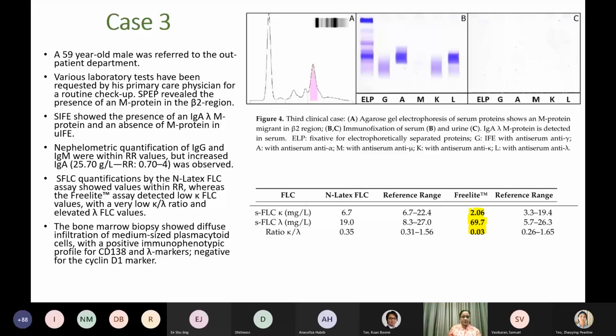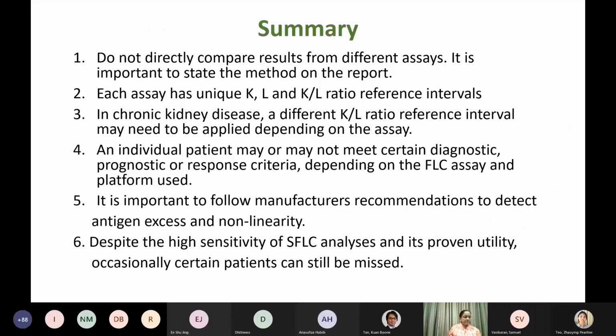Total immunoglobulin measurements were within normal range except total IgA. Serum free light chain quantification by N-latex assay showed normal results, whereas free light assay detected low kappa free light chain again, with an increase in lambda and abnormal ratio. This patient's bone marrow biopsy showed diffuse infiltration of medium-sized plasmacytoid cells as well.